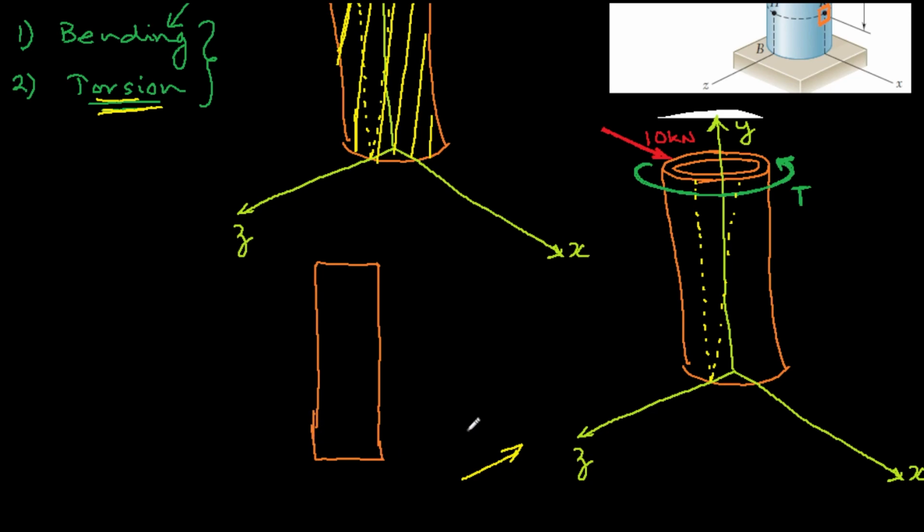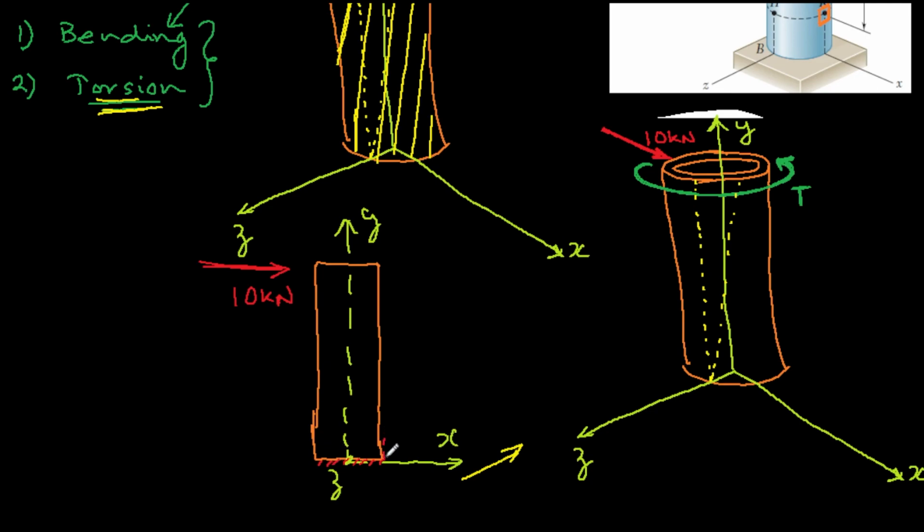Say this is the y-axis, this is the x-axis, and the z-axis is coming out of the plane. And this force is acting in this direction, 10 kilonewton. We have assumed that it cannot twist, and it is fixed here anyway, so it will bend.